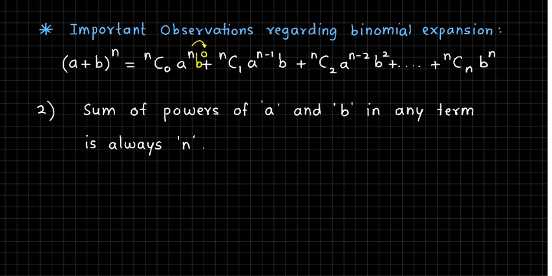And what is the sum of n and 0? That is equal to n. In case of the second term, a had the index n minus 1 whereas b had the index 1, and if you add these two once again we get n. Similarly, the sum of indices or the powers of a and b in every term will always be equal to n. So this is a very important property.